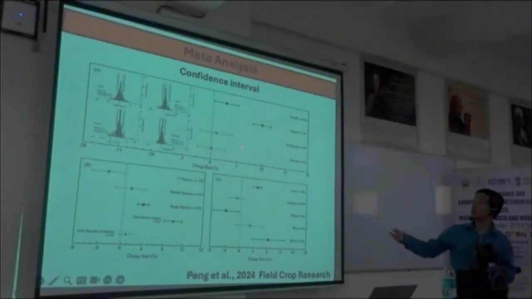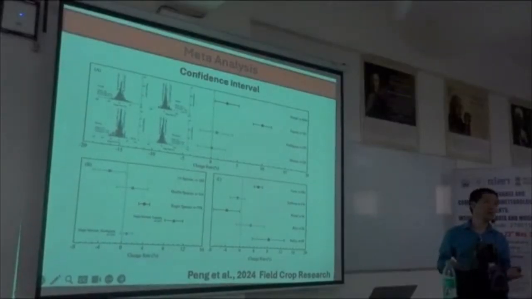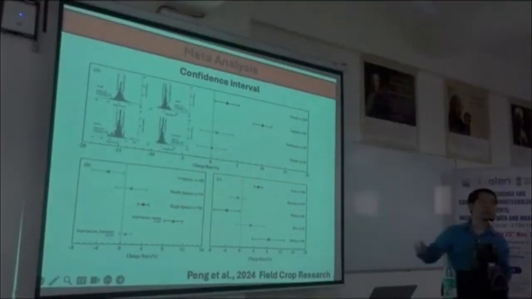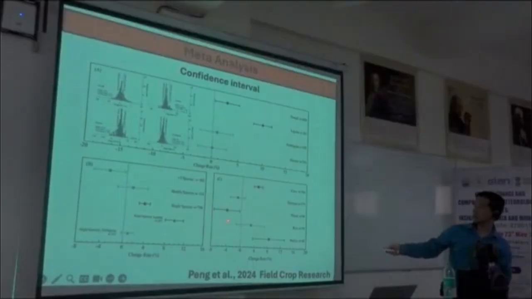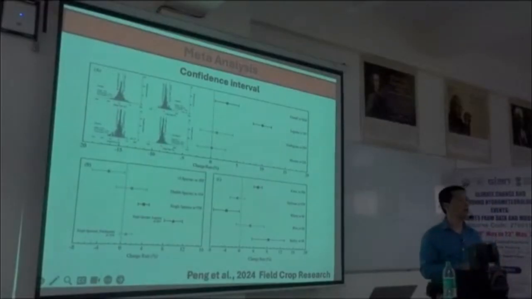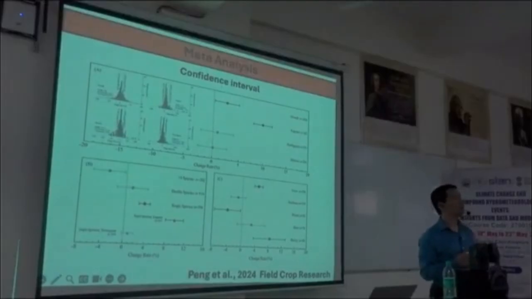So here, if you have things like that, that means cover crop really didn't change yield. And if you have things like this, that means cover crop increases yield. And if you have things like this, that means cover crop decreases yield because they are on the negative side, right? So that's basically the end product you try to get.